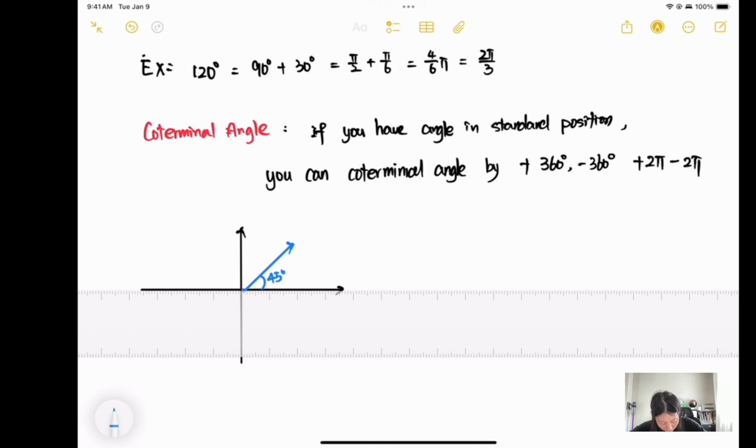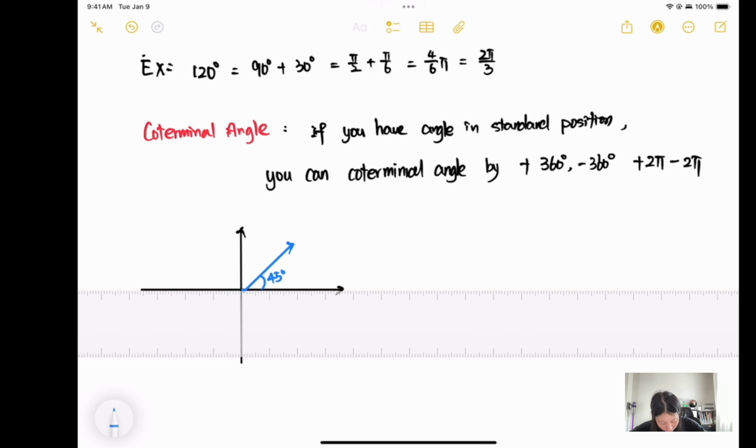So how do I find the coterminal angle? Well, one way to do it is we add in a 360 degree. So the angle ends in here, we add another 360 degree, then we get back. So that means the total length is going to be 45 degree plus 360 degree. That gives you the coterminal angle of the blue angle.